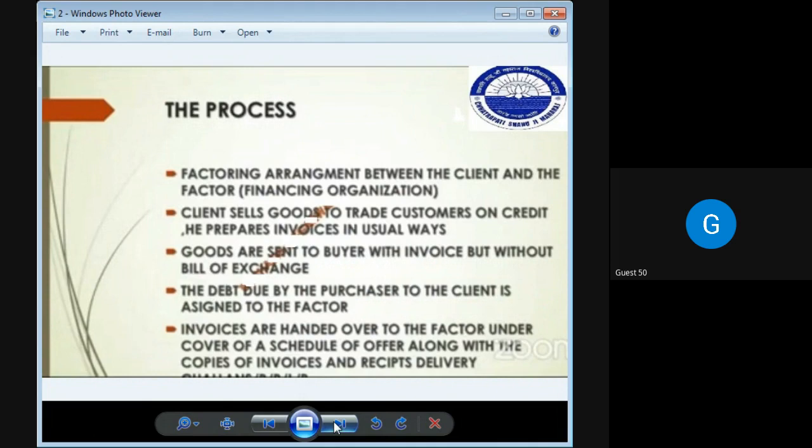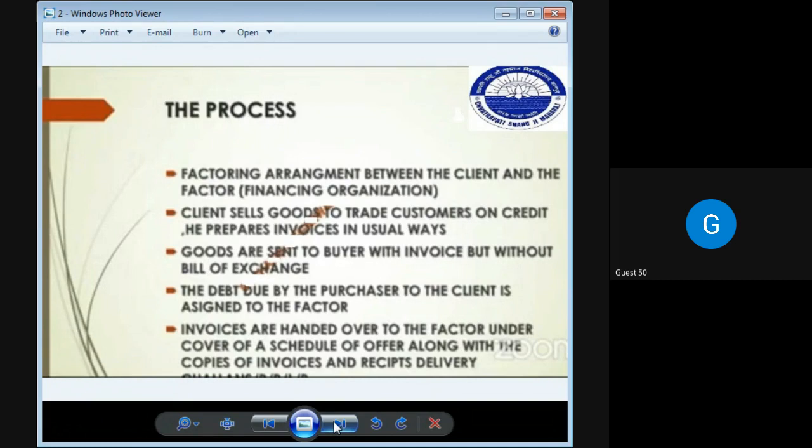Now the third step is that the goods are sent to the buyer with the invoice but without a bill of exchange. So at the time of selling the goods on trade basis, the company sends the invoice with the goods, but without the bill of exchange. The debt due by the purchaser to the client is assigned to the factor. Whatever amount of credit purchase is due by the purchaser, that amount is assigned to the factor.